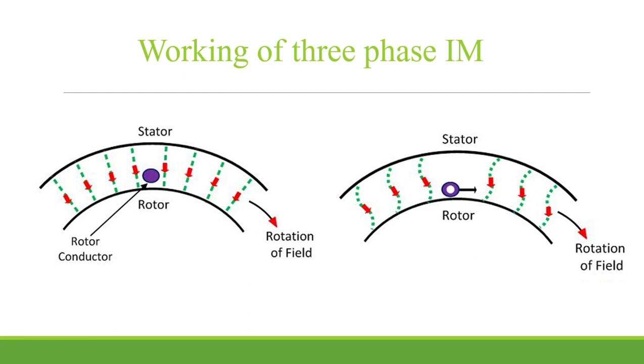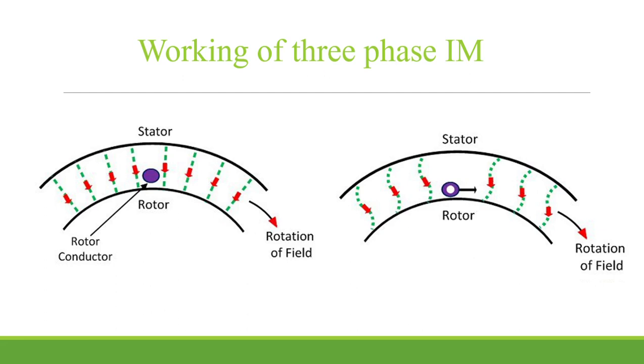But if there is relative speed, there will be torque generation, there will be force applied to this motor, and it will rotate in the direction of the rotating magnetic field with some speed Nr which is less than the synchronous speed.